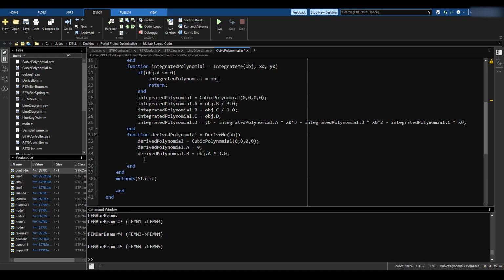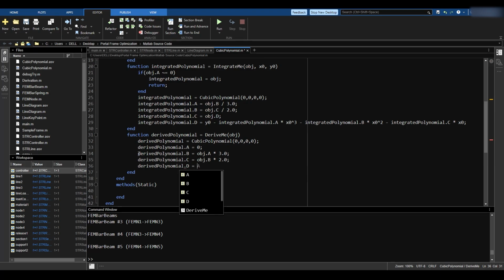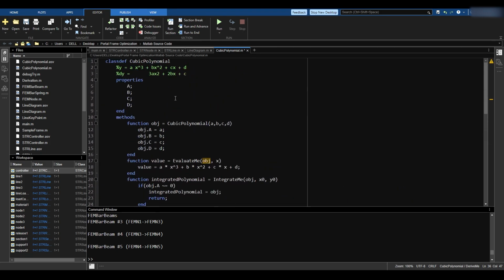So here, let's continue. Derived polynomial.c is going to equal object.b multiplied by 2, and derived polynomial.d is going to equal object.c multiplied by 1. Why by 1? Because this becomes your constant.